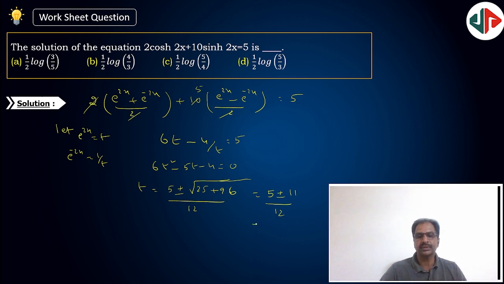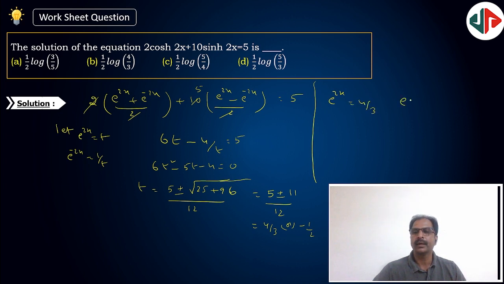So what are the two values for t? 16 by 12, that is 4 by 3, or minus 6 by 12, that is minus 1 by 2. But what is t? e power 2x. e power 2x is equal to 4 by 3, and e power 2x is equal to minus 1 by 2, which is wrong because the exponential function is always positive.